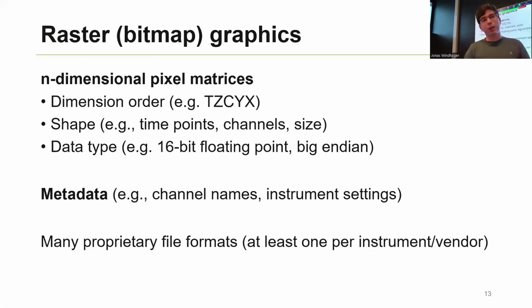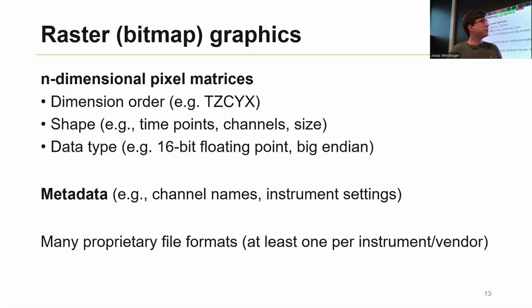When talking about images in spatial biology, you're mostly talking about n-dimensional pixel matrices. They contain a dimension order, so somehow these images are ordered in different dimensions: spatial dimensions y, x, and z, and also t and c, for time and channel.